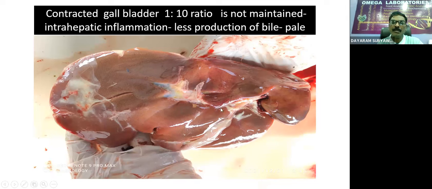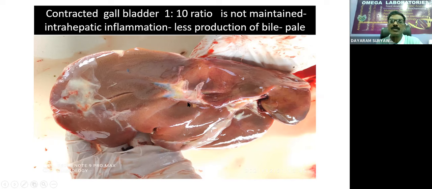You can see fibrosis over here, fibrosis over here, fibrosis over here. Ultimately, the fibrosis that looks like this from the outside, by the naked eye, can similarly be observed microscopically. That's why much production of bile is not there, and very little bile is produced. That's why contraction or atrophy of the gallbladder can be seen in such a condition.